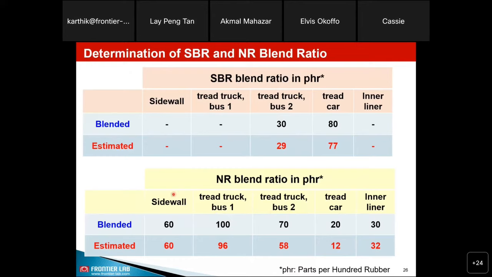So here what we have done is we have mixed different known compositions, and that has been analyzed by this technique, and you can see the theoretical value and the experimental values are in very good agreement. So that tells us flash pyrolysis can be used for composition analysis of the rubber blend.